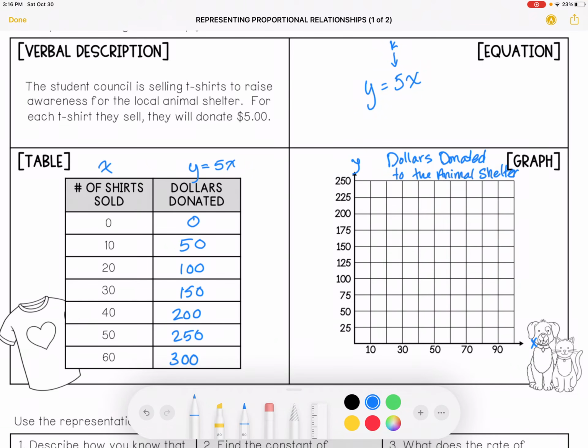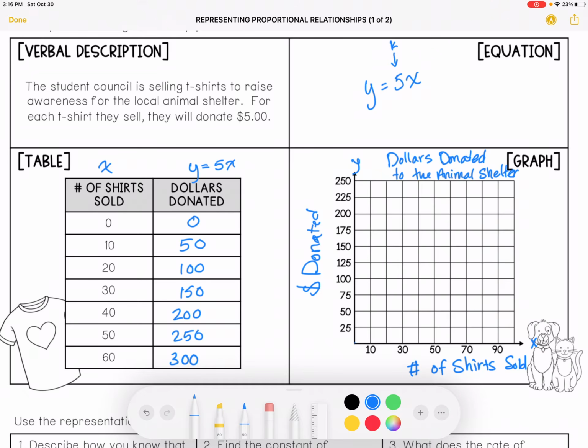All right, now our y-axis represents the dollars donated, and our x-axis represents the number of shirts sold. That comes directly from the table, okay?